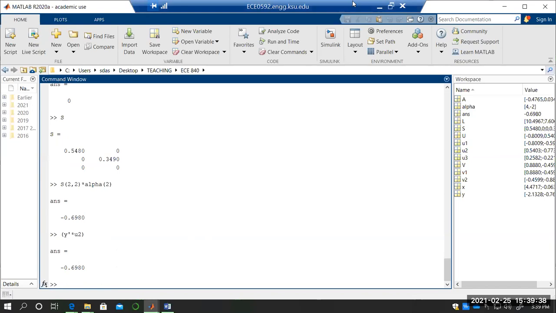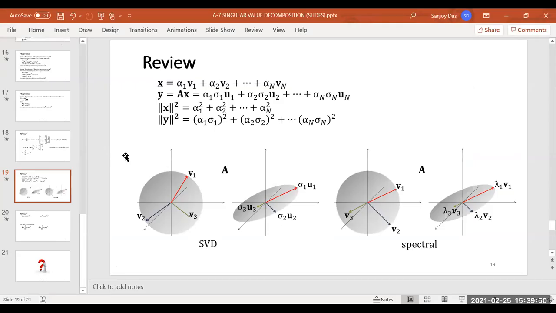Okay, so basically what I demoed here is this. Going back to the slides, are you looking at the slide now? Yes. So x was alpha 1 v1 plus alpha 2 v2 until alpha n vn.